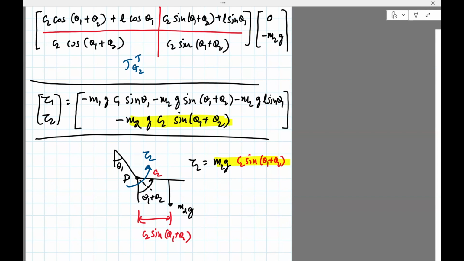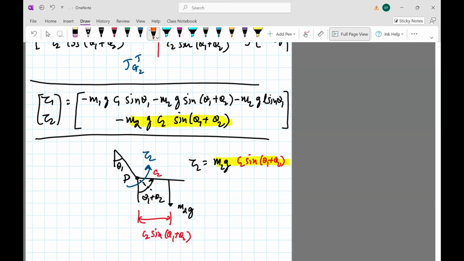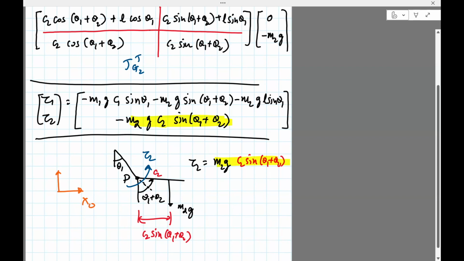Okay, now there's a negative sign because the convention is always clockwise is negative. So how do you see that? Well, if you saw the way I set the axis, x0, y0. Okay, so where is z0?